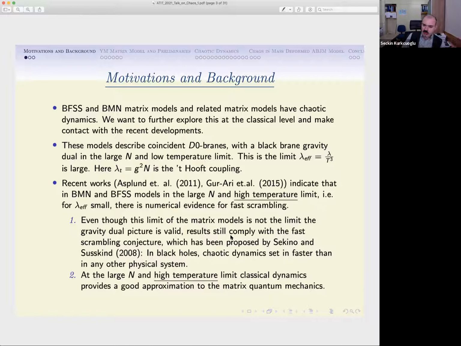This is a quantum statement essentially, which is motivated by Sekino and Susskind, based on the work of Hayden and Preskill from 2007. But even in some classical situations, numerical evidence for fast scrambling can be found, as seen in this reference.